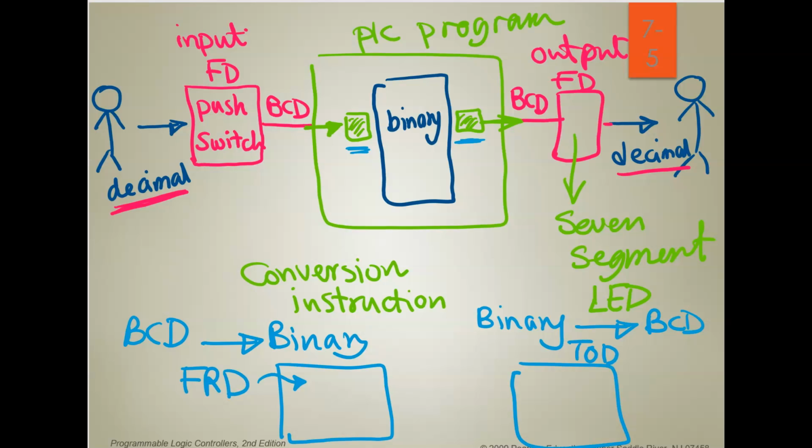So basically, to binary coded decimal. So TOD is an instruction that we can use inside our program to convert any binary number into binary coded decimal, so we can prepare that to be fed into our 7-segment LEDs. And then in order to receive the input from push switches, which is in the form of binary coded decimal, we need to use the FRD instruction, which can convert the binary coded decimal into a binary number.